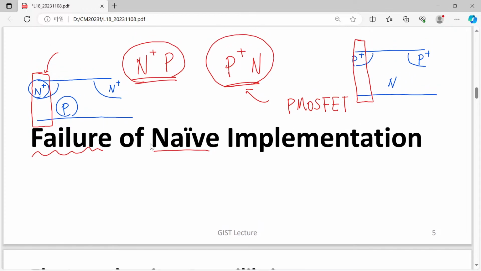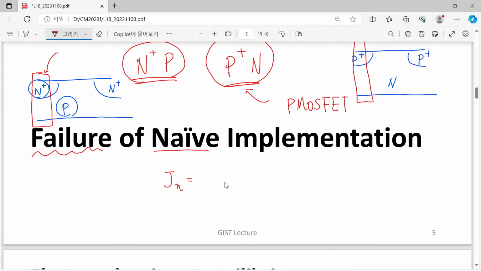But before starting this discussion, let me come back once again. What we have to do is discretize in this 1D approximation. It is given this way.